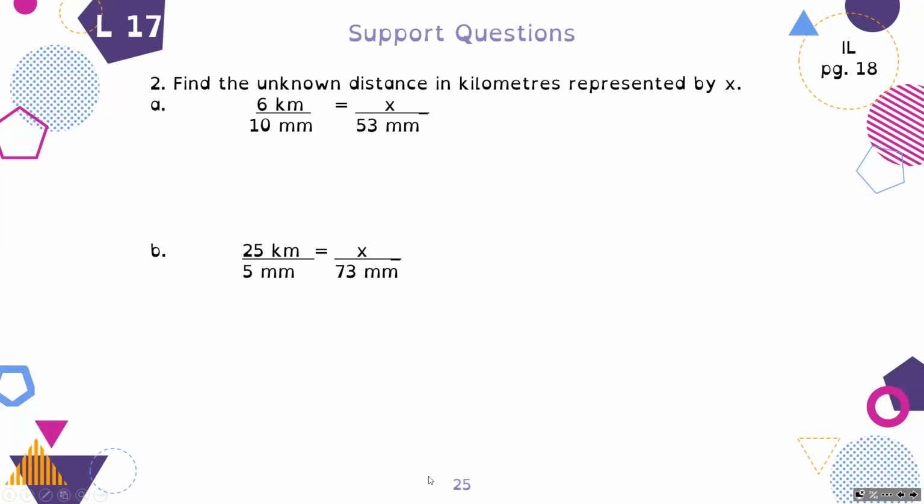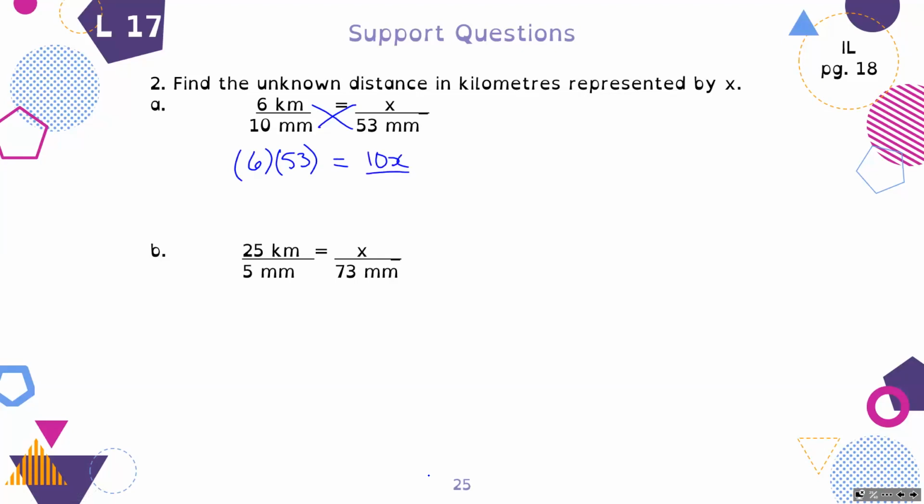So our ratios are set up. When we're cross multiplying and dividing, we're just doing algebra. You don't have to cross multiply and divide. It is just one way of organizing your information that consistently works. So 6 times 53 is equal to 10 times x, 10x.